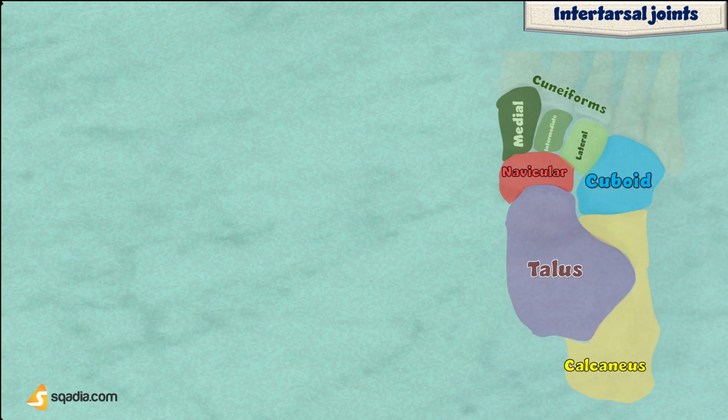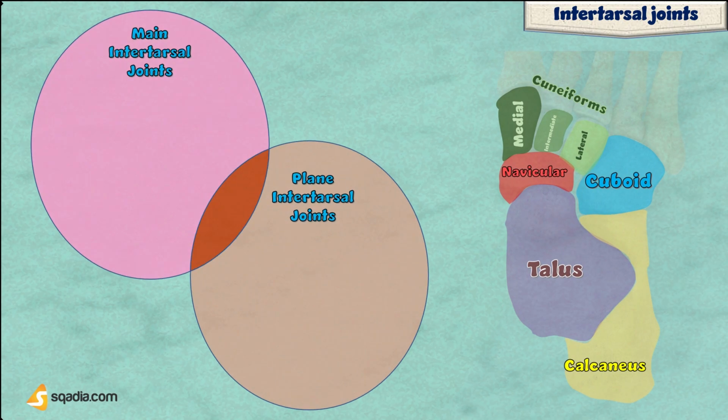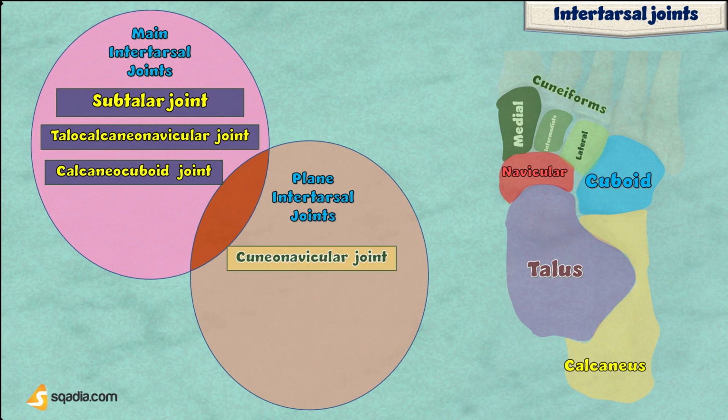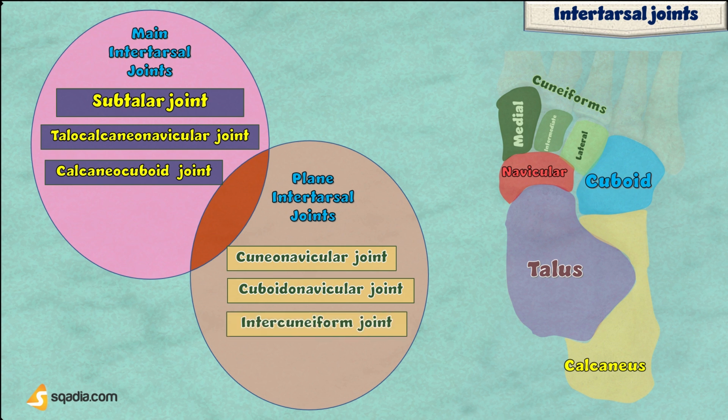These joints can further be grouped into main and plain intertarsal joints. 3 main intertarsal joints: the subtalar or talocalcanean joint, the talocalcaneo-navicular joint, and the calcaneo-cuboid joint, and plain or smaller intertarsal joints: the cuneo-navicular joint, cuboid-navicular joint, intercuneiform joint, and cuneo-cuboid joint.